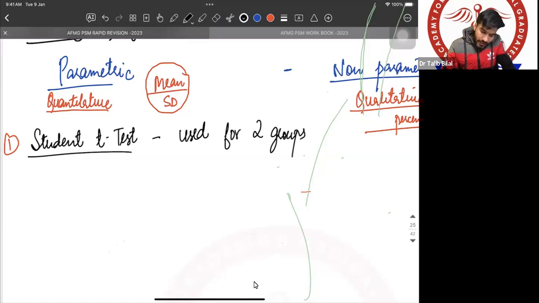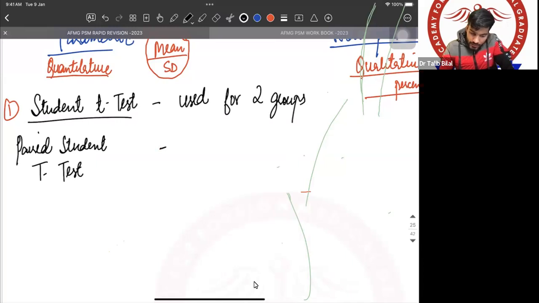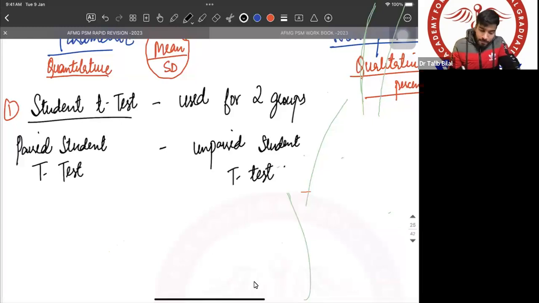Then in the student t-test, we have the paired student t-test and the unpaired student t-test. Now, my dear students, in paired t-test, what do we do? We compare the same group before the intervention and after the intervention.